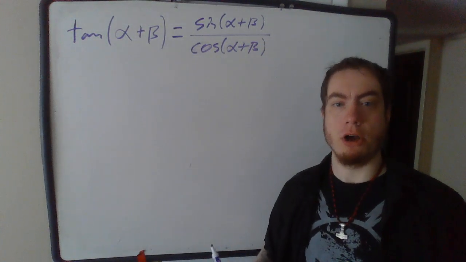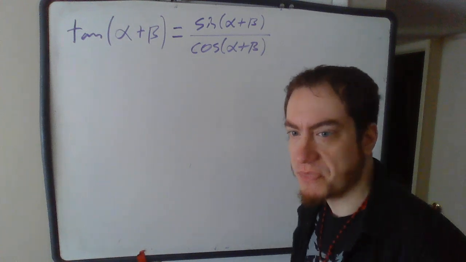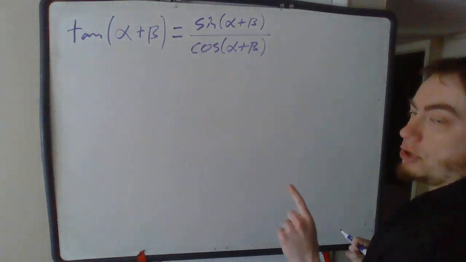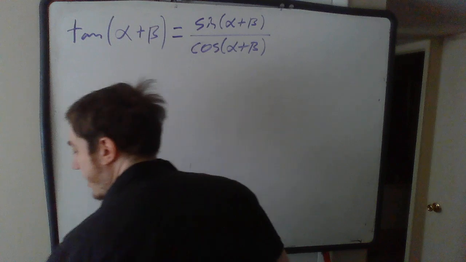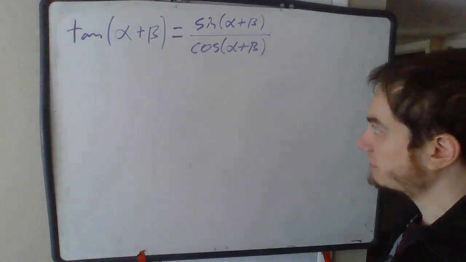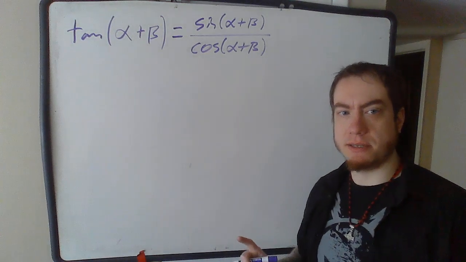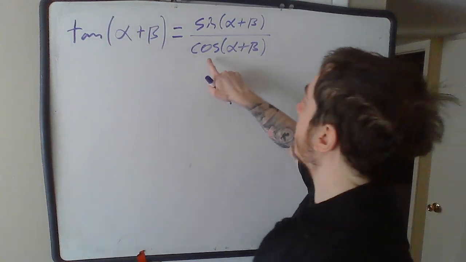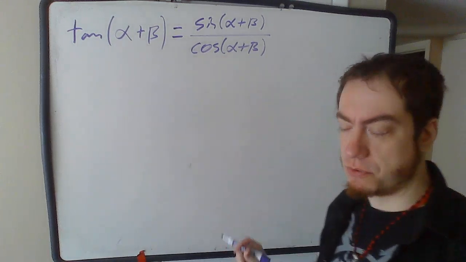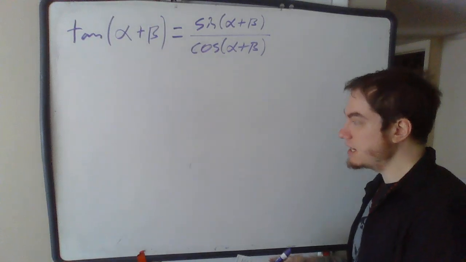That's just the definition of the tangent that I'm using there. And now I can go back to what we said last time, and rewrite sine of alpha plus beta using the sum identity for sine, and cosine alpha plus beta using the sum identity for cosine.